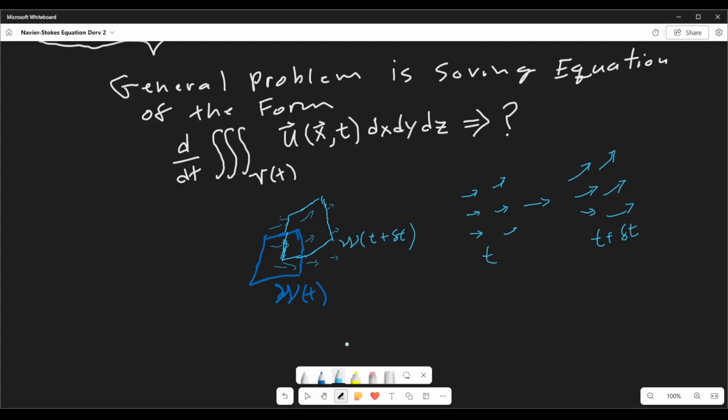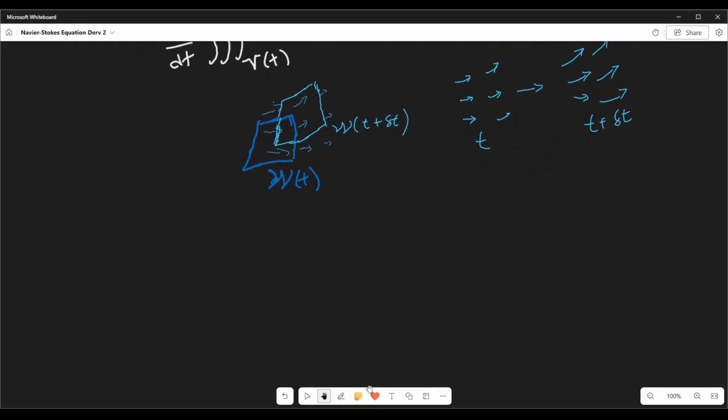So the way to actually do this is something called the Leibniz rule. See if I pronounce that correctly. So the solution is the Leibniz rule.